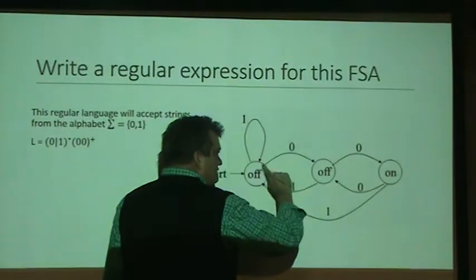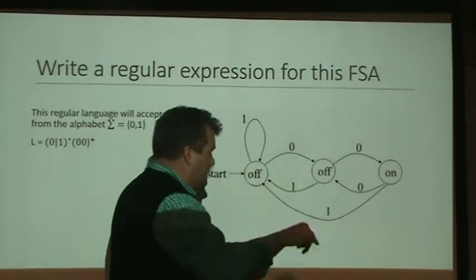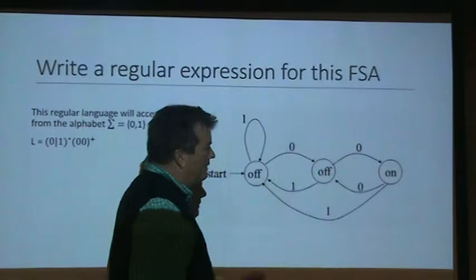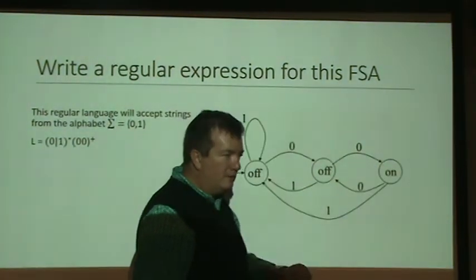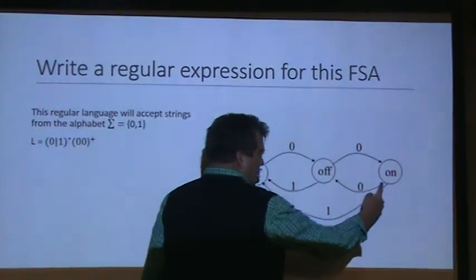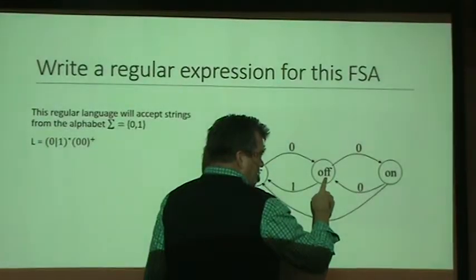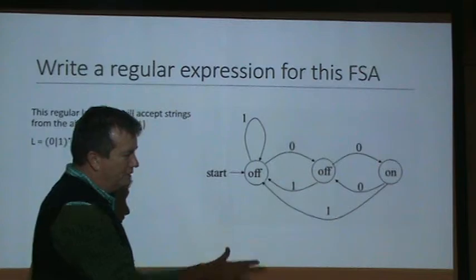However, if I read a 0 and it is immediately followed by another 0, two zeros in a row, then my word is considered acceptable. But after I read two zeros in a row, if I read a third 0, I come back to here. And if I read a 1, I go all the way back to the beginning and start over.